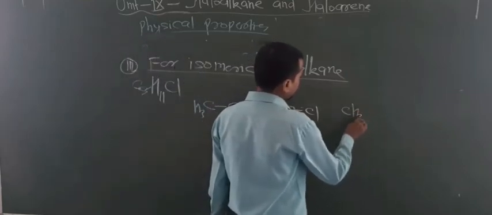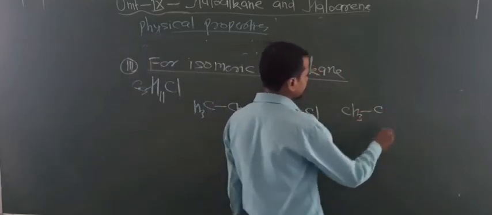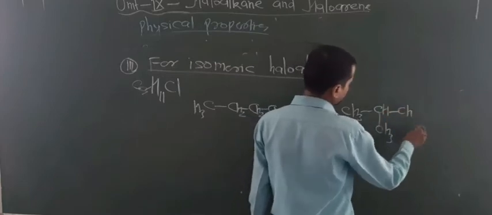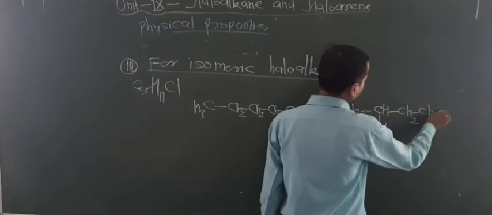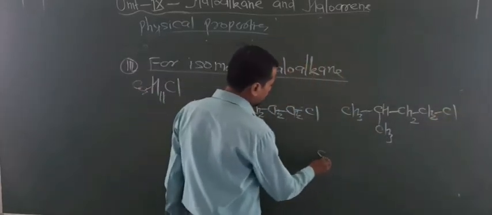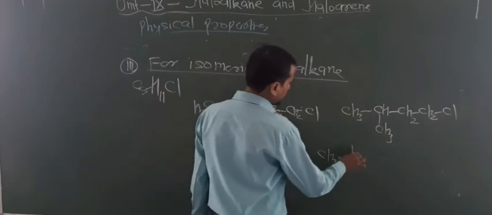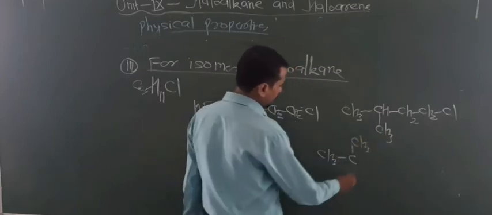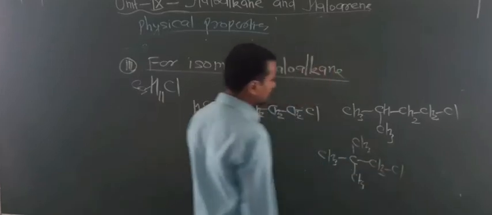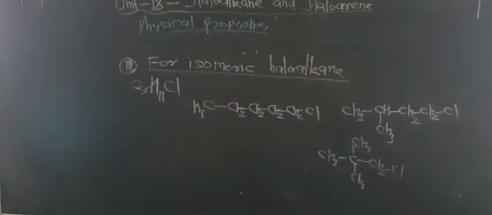Then the isomers are given like this. One branching is there, CH, CH2 and Cl. Now one more branching is there, CH3, C, CH3, CH2 and Cl. So look at the condition, dear students.